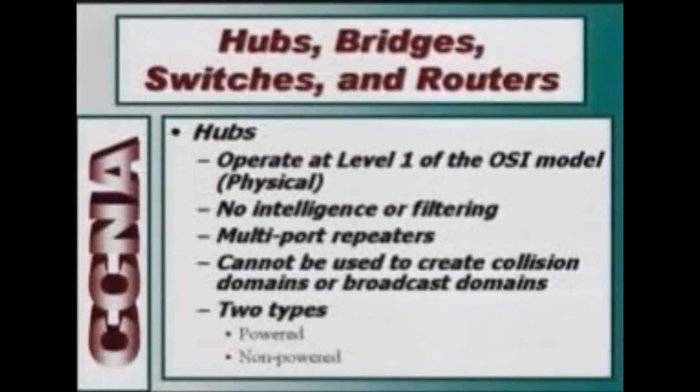There are two types of hubs. There are powered hubs and there are non-powered hubs. A powered hub obviously has a power supply. It's got a plug plugged into it somewhere. It's plugged into a wall, and therefore it can be a multi-port repeater. A repeater just amplifies signal. But a repeater doesn't do anything to the signal.